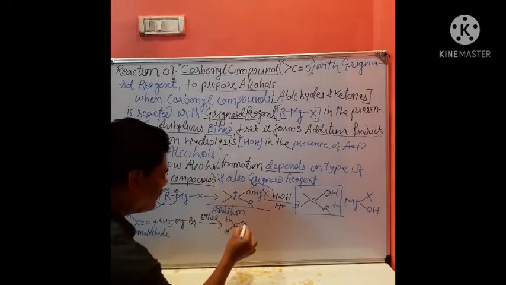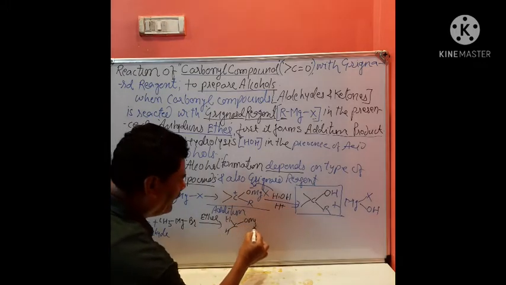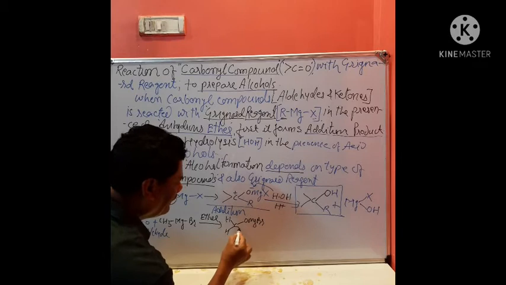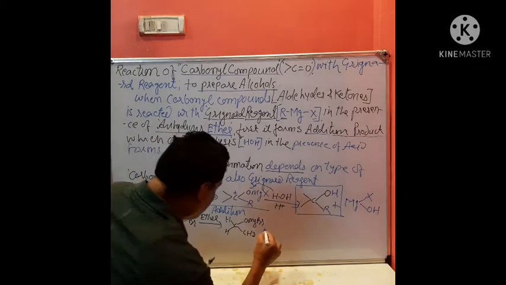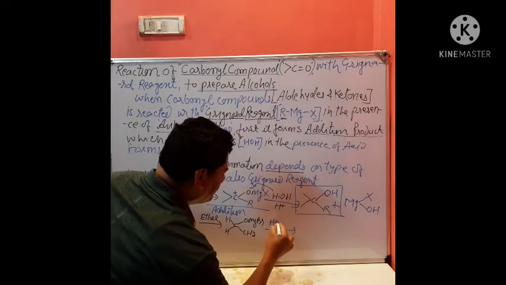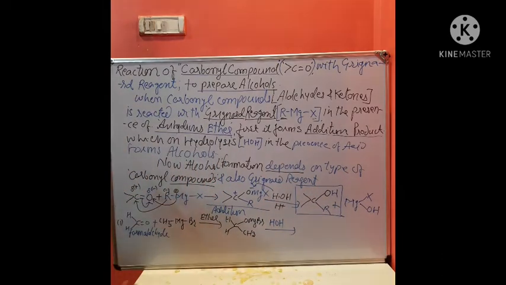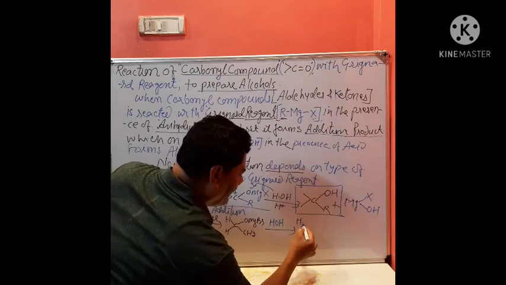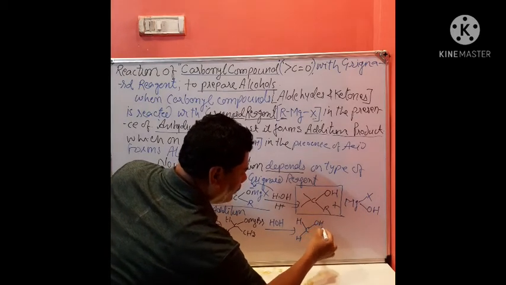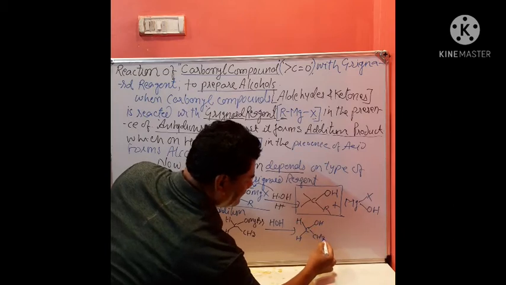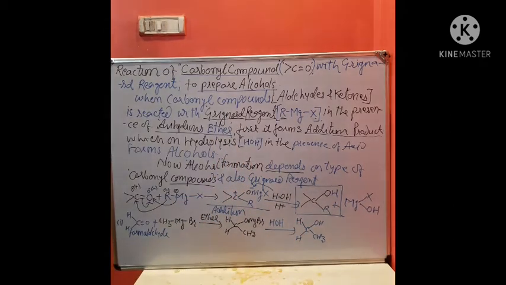Now there will be H, C, this is H, O, Mg, Br, and CH3, which on hydrolysis, that is HOH, the final product will be HC, this is H, OH, and CH3. Isn't it? And Mg, Br, OH will be replaced.